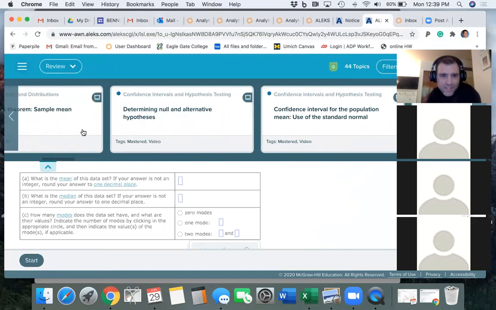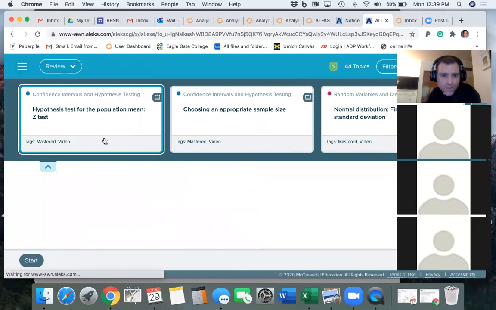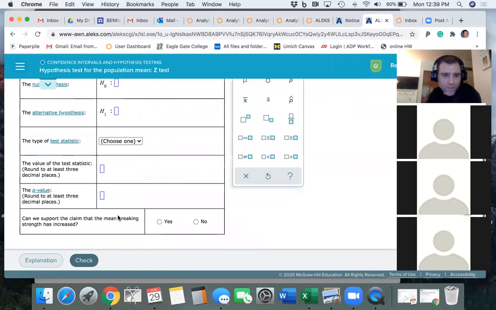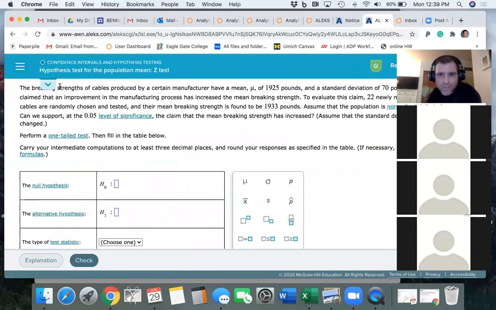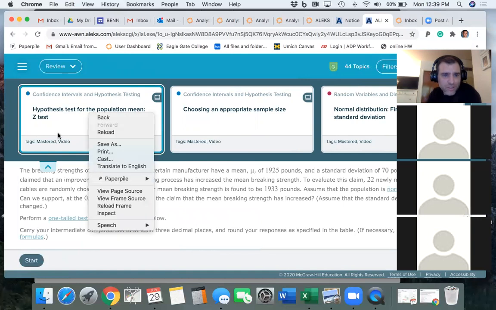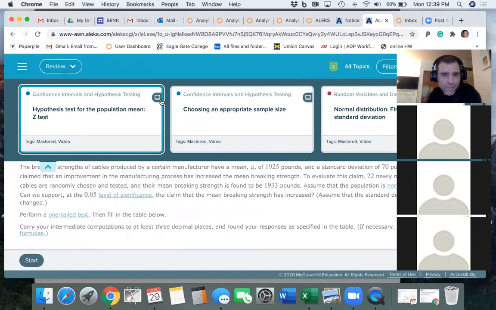And let's see here. So this is technically what we're doing, and this one wants a p-value. Can I reset it to give me a critical value one? I don't know if it will let me do that.